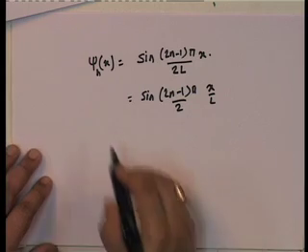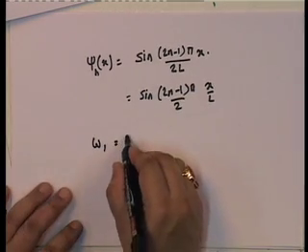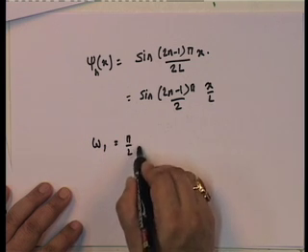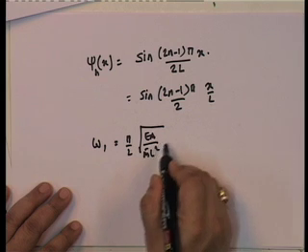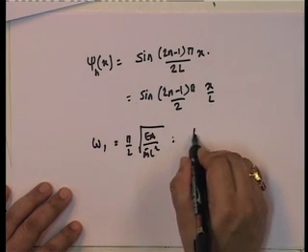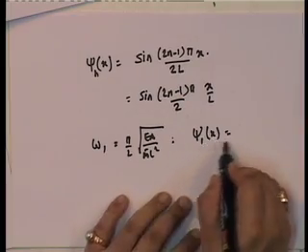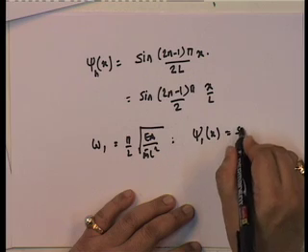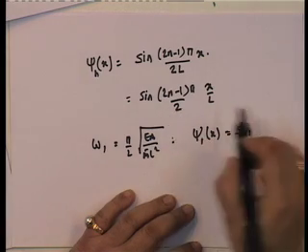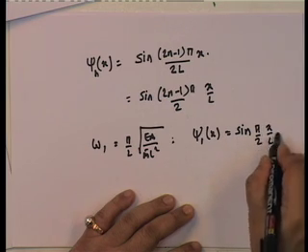So therefore, if I have omega 1 equal to pi by 2 square root of EA over m bar L squared, the corresponding mode shape, and note that this is mode shape xi 1 x. Okay. The corresponding mode shape is equal to sine pi by 2 x by L.